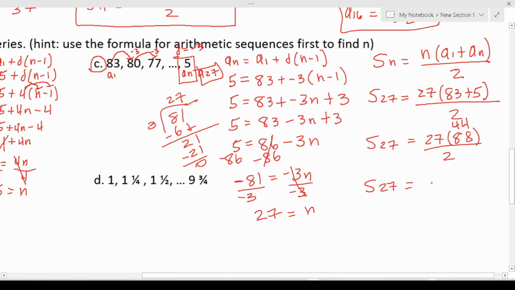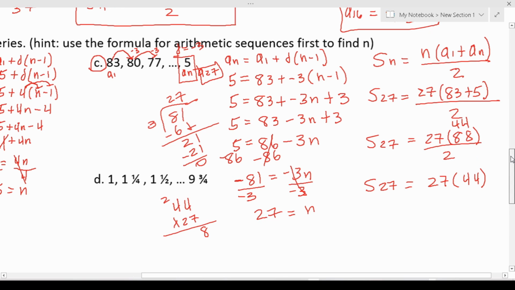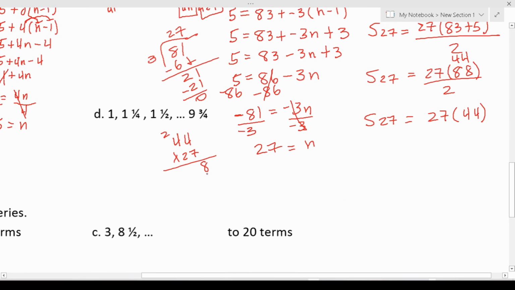Okay, so we know this is 27 times 44. Let's work that off to the side. That's, again, 44 times 27. 4 times 7 is 28. Carry your 2. 4 times 7 is 28, 29, 30 when we add the 2. Add a 0 placeholder before we start this number. 2 times 4 is 8.